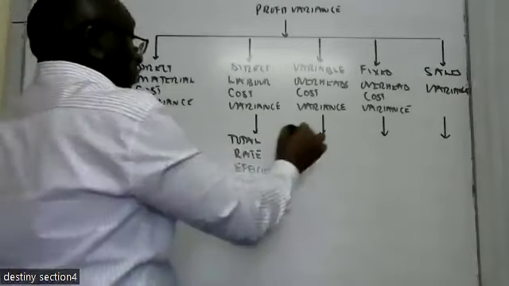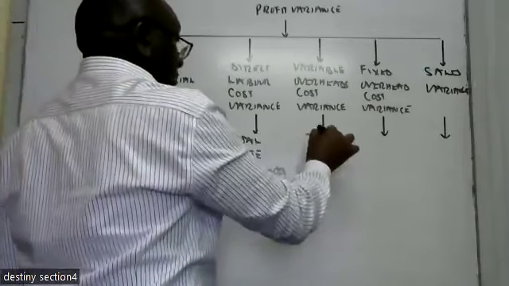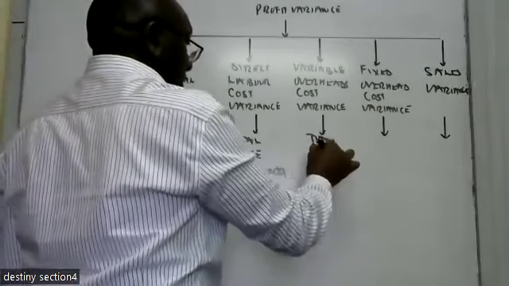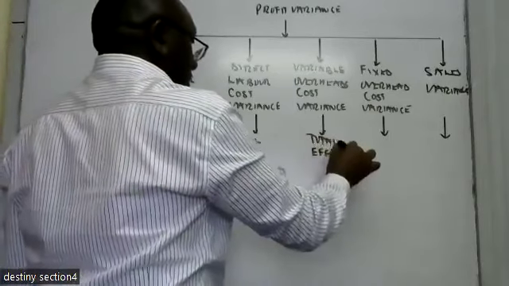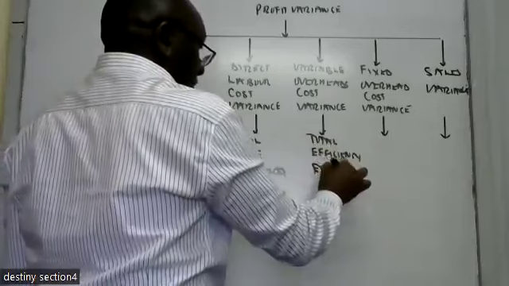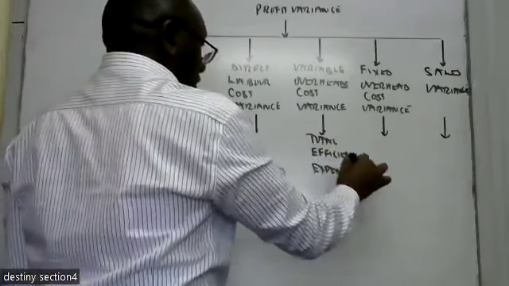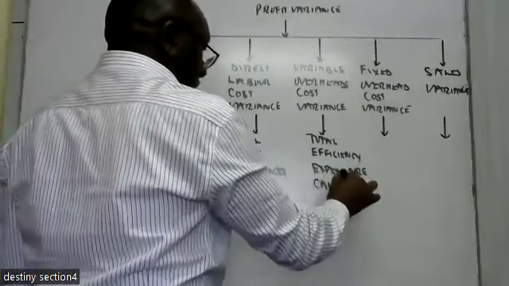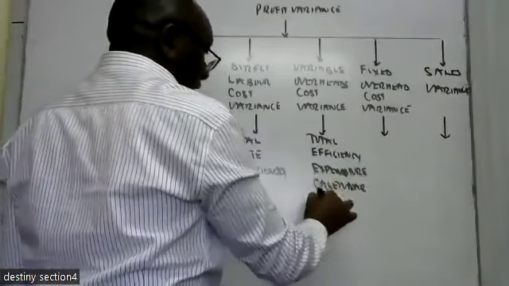When we come to variable overheads, again, we have total, efficiency, expenditure, calendar, and idle.